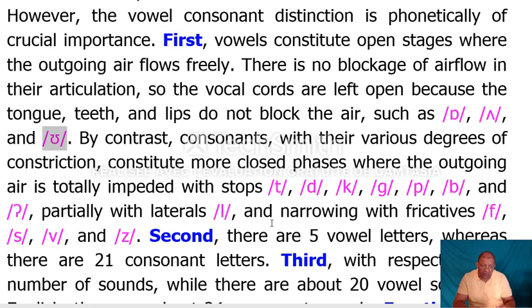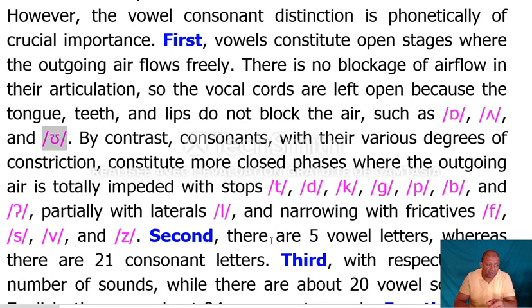But with fricatives, especially f and s and their counterparts, which are v and z, here we have what we call narrowing. The air escapes, but it is not impeded, but it escapes through this narrowing which I have spoken about.